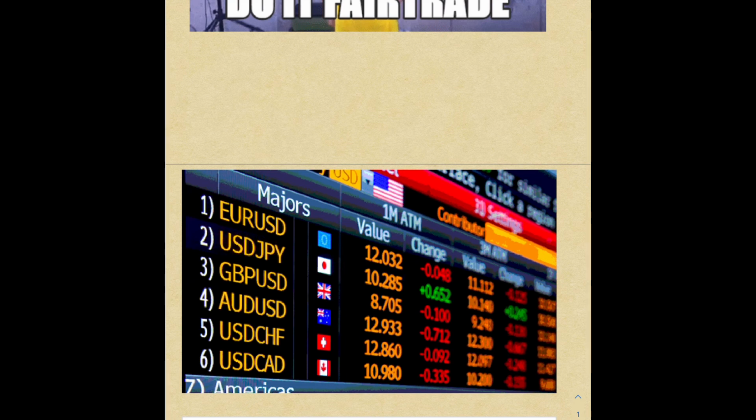Other countries in Europe don't use the euro, like the Swiss franc. England still uses the pound. Poland uses zlotys, and there's a bunch that don't use the euro.